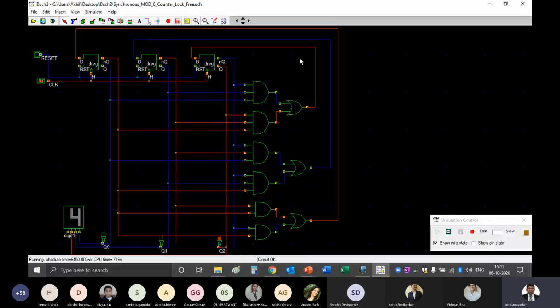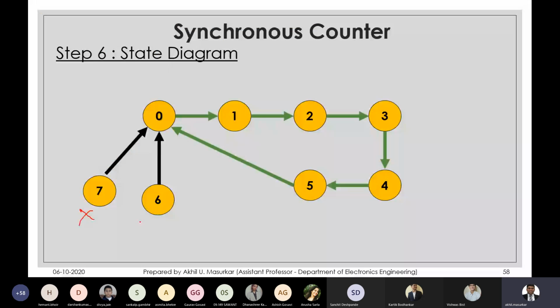Okay, so let's go to the next implementation. I have given you the implementation of the next counter, that is the up down counter. Before we go to the up down counter, let's see that here we defined the invalid states also. 7 and 6 were invalid states, whereas 0, 1, 2, 3, 4 and 5 are valid.